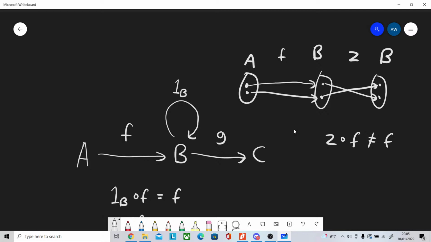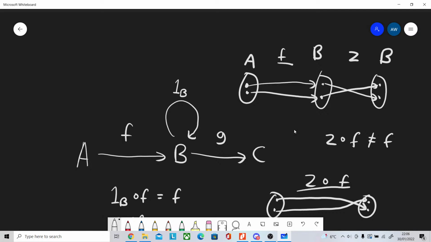That's the mapping of F. But then you do Z afterwards, and then you go down and then up. That's an extra step that you use. So ZF is then: you follow the arrow here and then down, here and then down. You follow the arrow here and then up, here and then up. Right, that's ZF. Whereas F maps the top element to the top element, the bottom element to the bottom element. This does something different, so they're not the same.